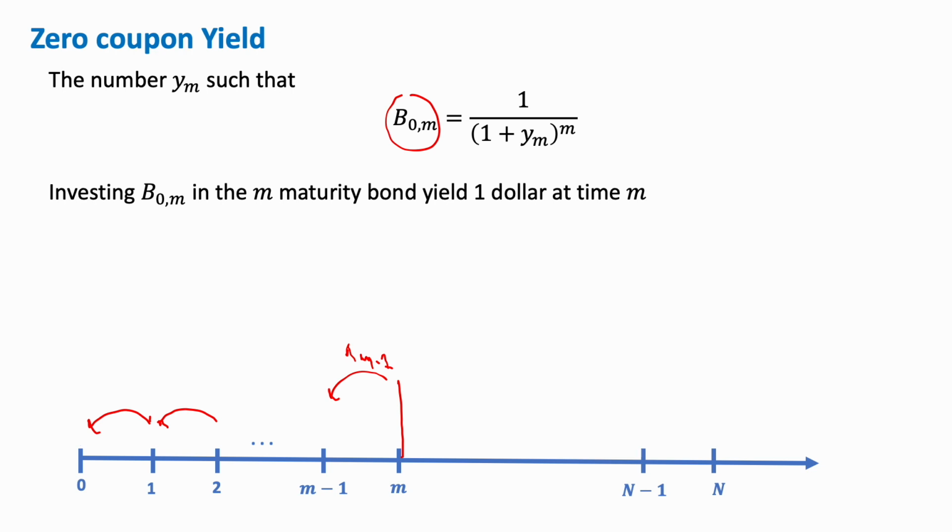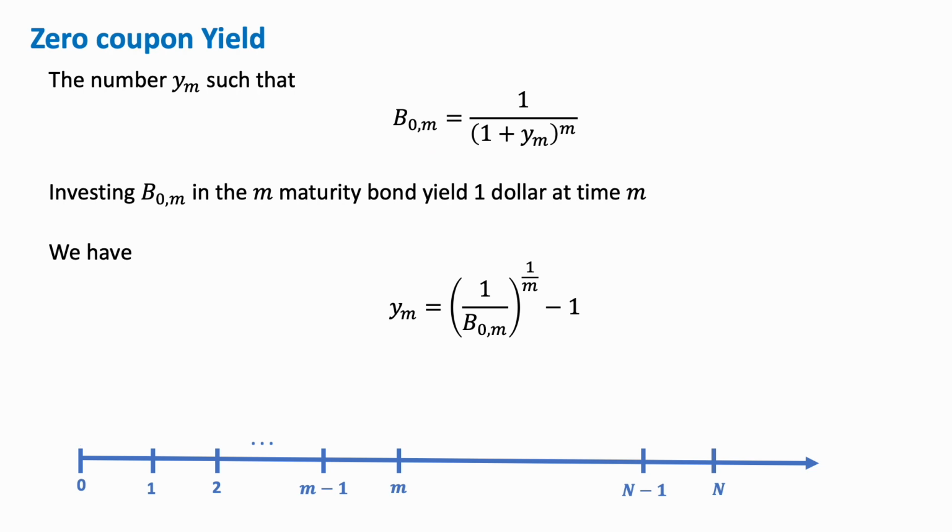We want to know what is the single Y_M, the single number, such that when I plug it inside, when I discount that cash flow, I can get the current price of the bond. So that's all there is to it, really. Then naturally, by some minor algebra, we can extract the value of this Y_M given by this equation right here.